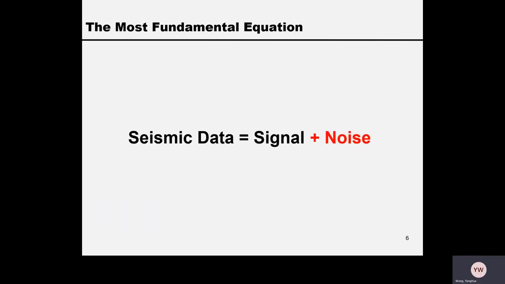In general, we consider seismic data to have signal and noise. Anything you want to keep is a signal. Anything we do not need at this stage, we call noise.